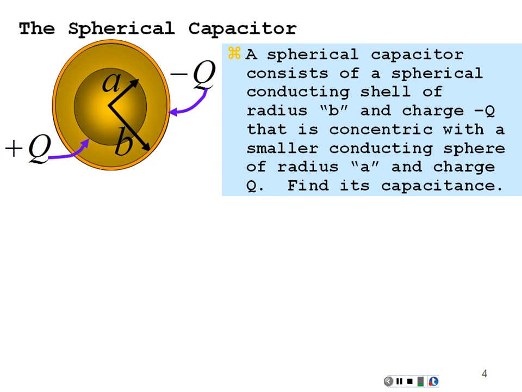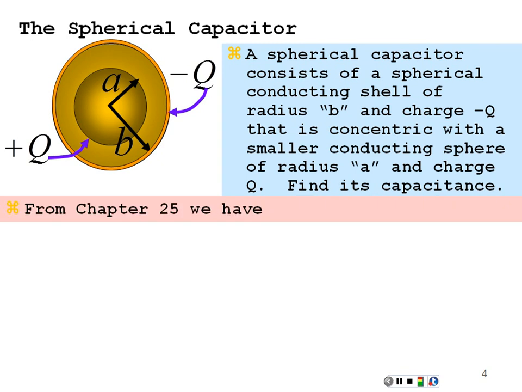So for the space between these 2 conductors, from radius A to radius B, the E field is only due to that inner shell of charge Q, plus Q. And since we're outside of that shell, it's acting basically like a point charge at the center. So it's acting like an E field of a point charge equal to KQ over R squared.